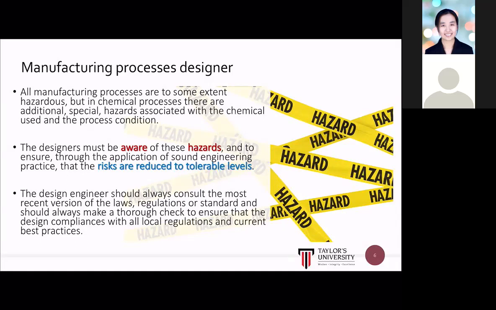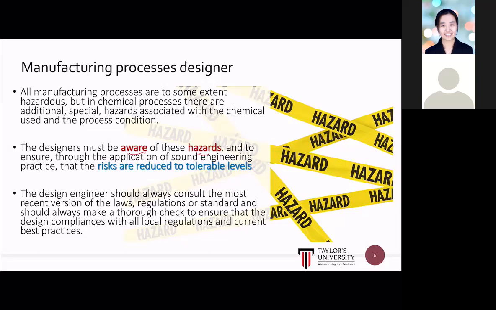That doesn't work. If the reaction needs to take place at 400 degrees Celsius, it has to take place at 400 degrees Celsius. So as an engineer or designer, we have to be aware of all these hazards and know how to reduce them.